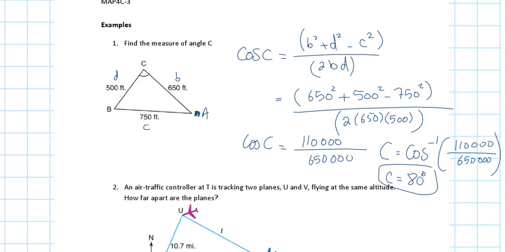The only thing you need to understand is whatever your letters are, the angle here and whatever you're subtracting, they have to match. Right? So if this was x and you're looking for x, you're subtracting x squared. Okay? That's what you need to pay attention to. Does that make sense?